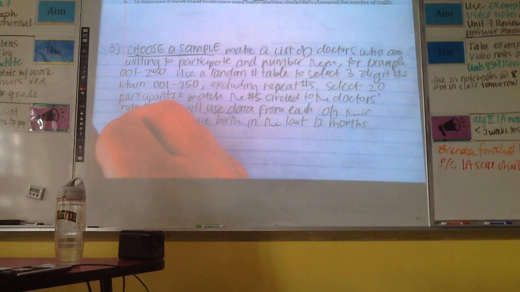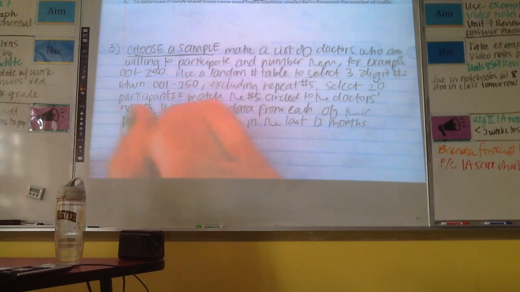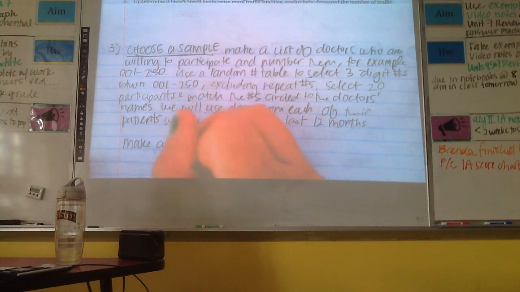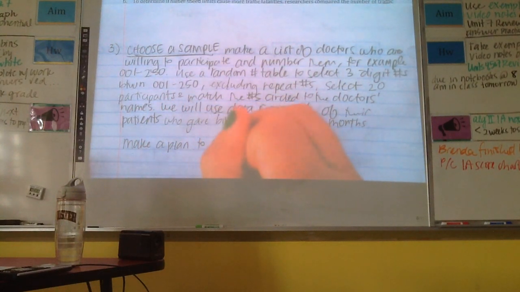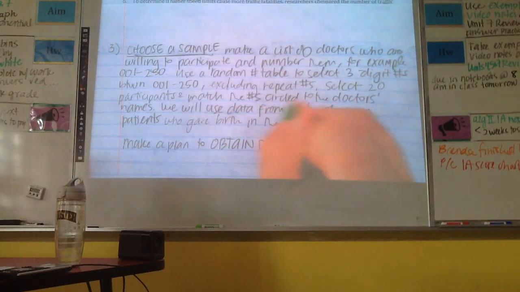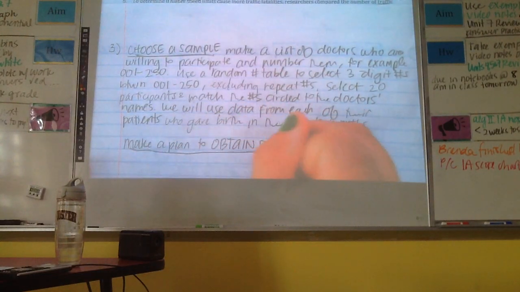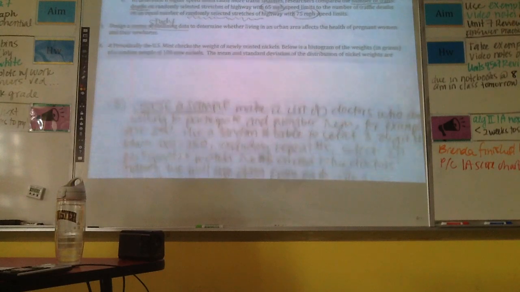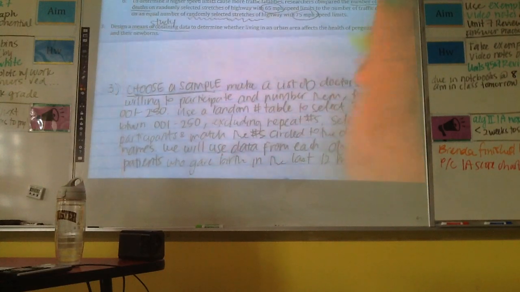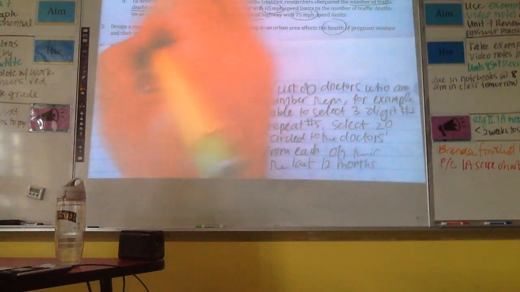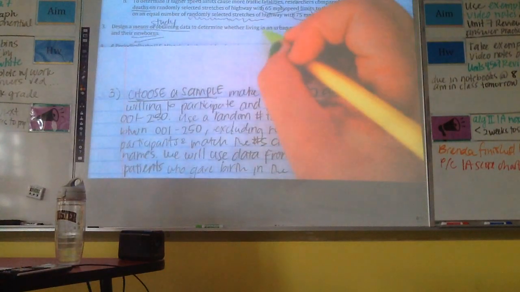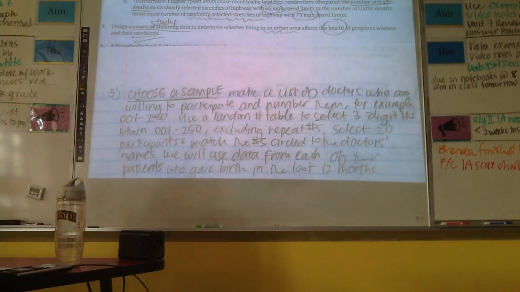Now we need to make a plan to obtain data. We need to get numbers. Okay, so we want to know information about the health of pregnant women and their newborns and if this relates to their area, like where they live.